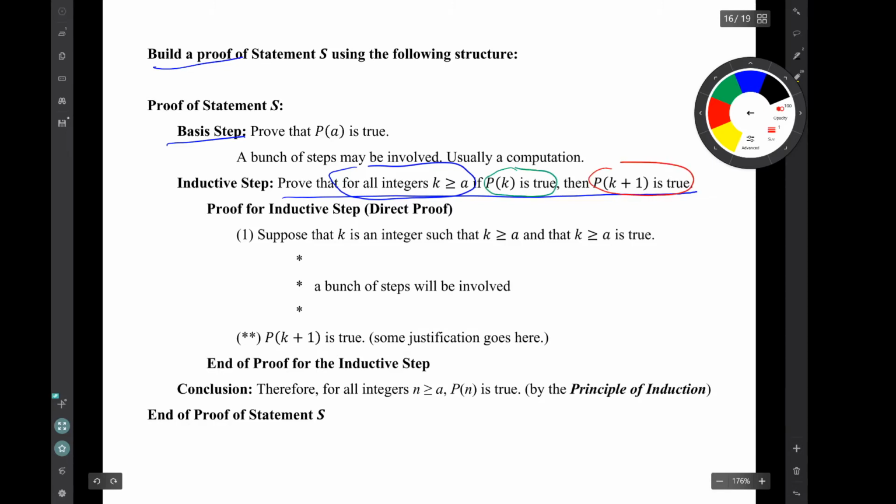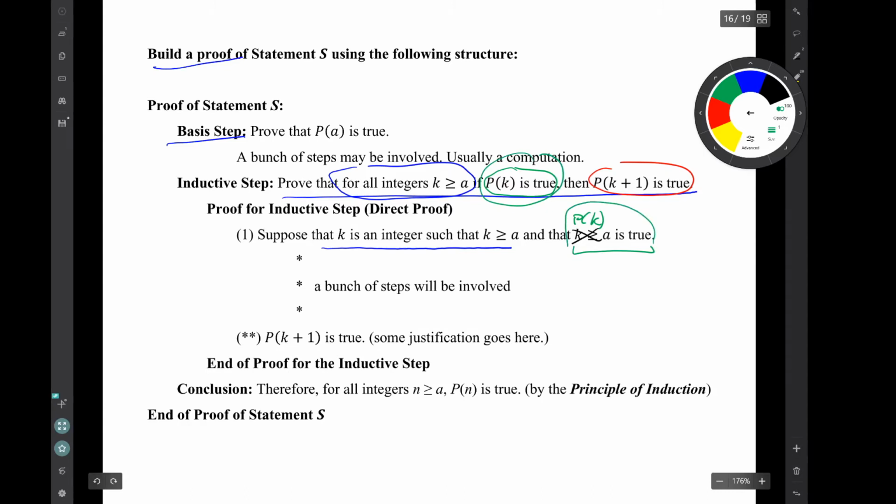So if we want to prove this, we will use the method of direct proof. So we say, suppose that k is an integer such that k is greater than or equal to a, and also suppose that P(k) is true. Here we have that hypothesis put down.